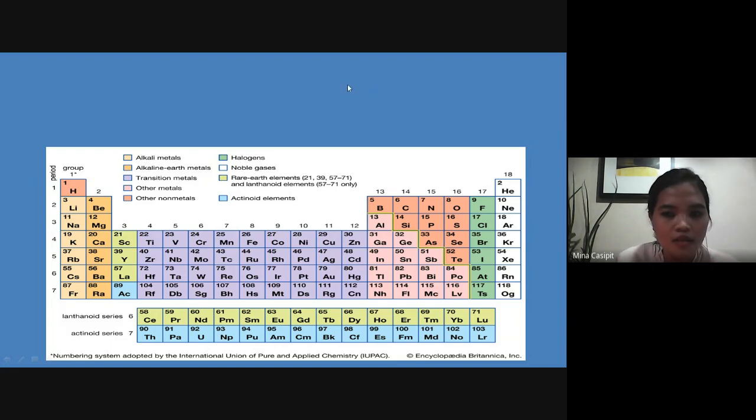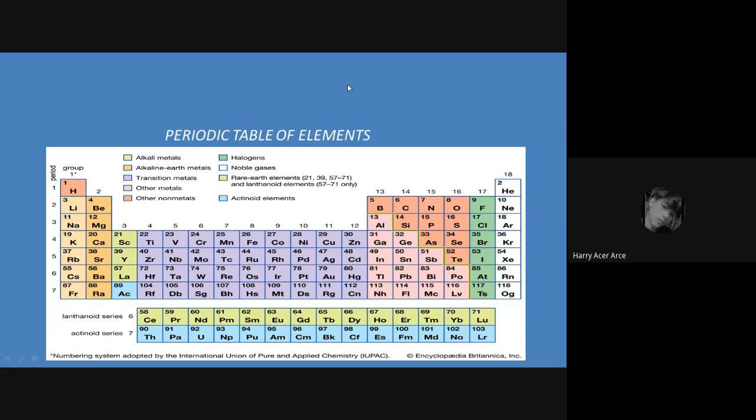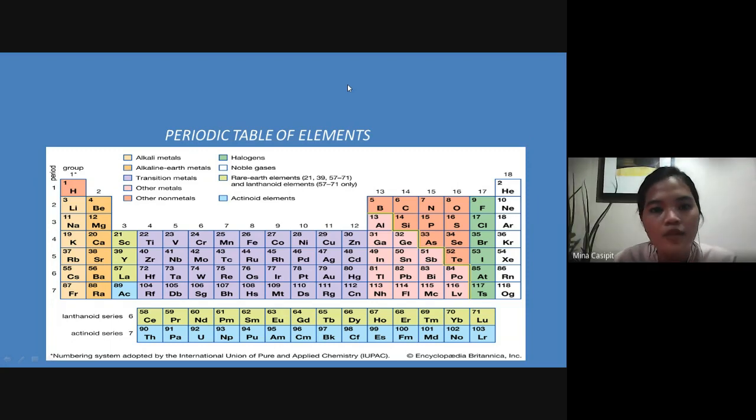It is a periodic table of elements consisting of how many elements? Sige nga kung alam nyo kung ilan yung elements present in this periodic table. Grade 9? 118 po. Okay, so in this periodic table of elements, it consists of 118 elements.